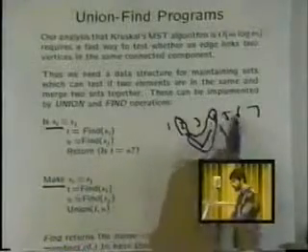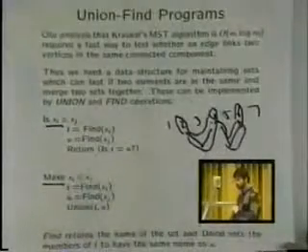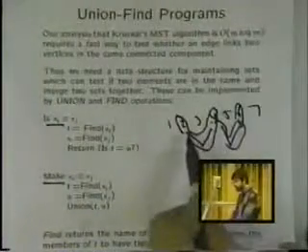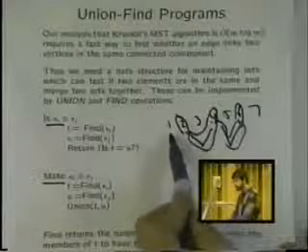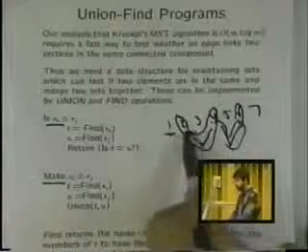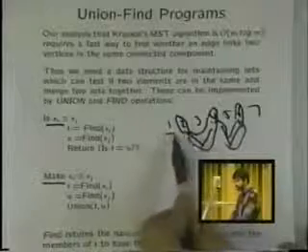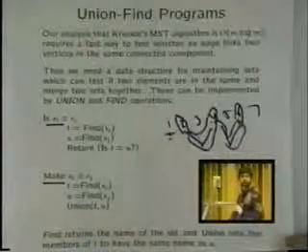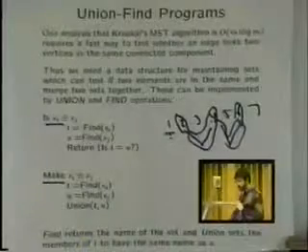We merged this together. These are now all one subset. When we do a find, we'd like to be able to ask, if we do a find on 1, that's going to tell us the name of the subset containing 1. And we do a find on 2, it'll tell us the name of the subset containing 2. In this case, they're in different subsets. They should have different names. Okay? What are we going to try to do?